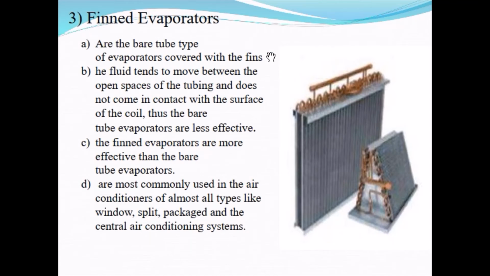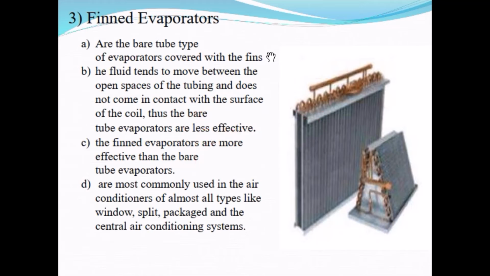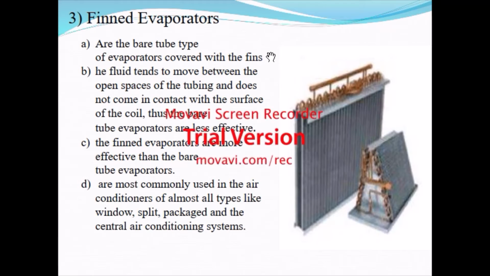The first one is the bare tube type of evaporator covered by the fins. The fluid tends to move between the open space of the tubes and doesn't come in contact with the surface of the coil. So the bare tube evaporators are less effective, because there is no contact between them.